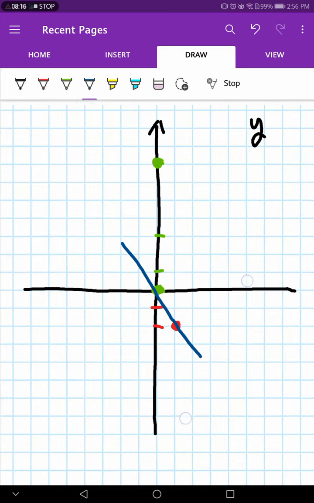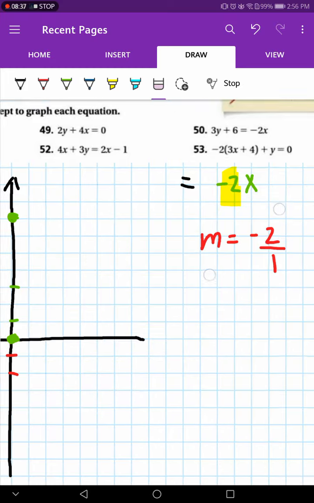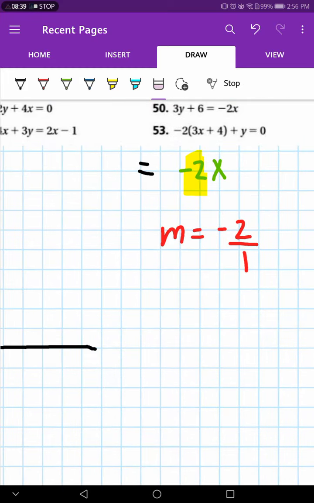So this graph represents 48. So regarding my explanation, you need to prepare the equation to be in slope y-intercept form. This is the first of all. You have to make sure about this. Secondly, you have to find out the slope and the y-intercept, the m and the b.